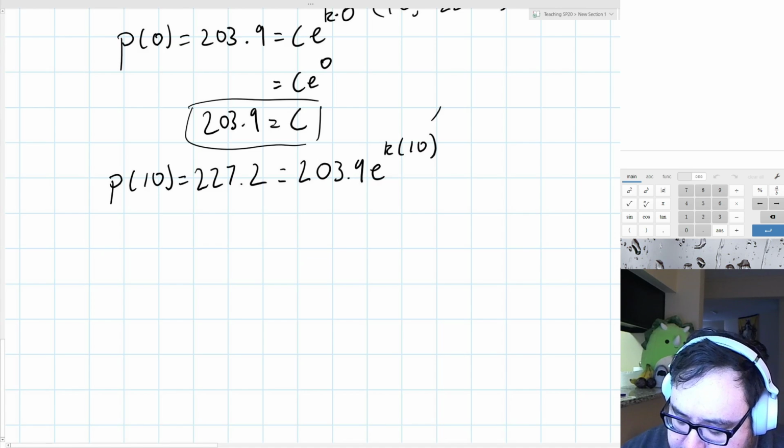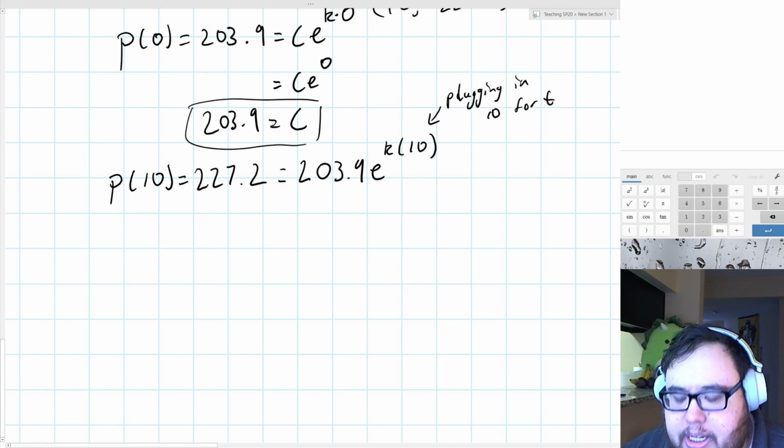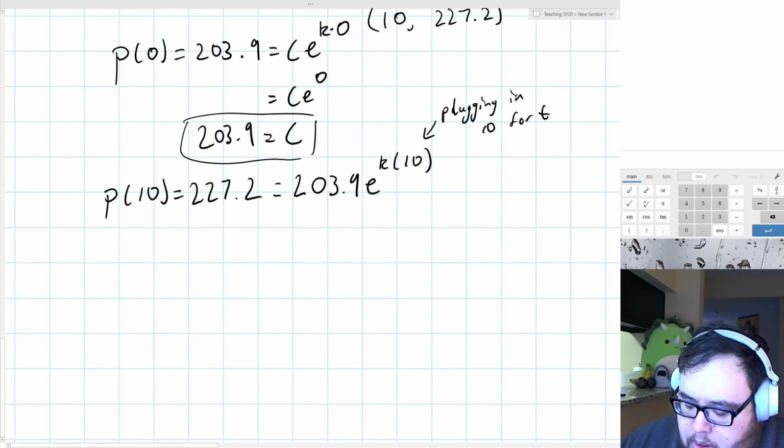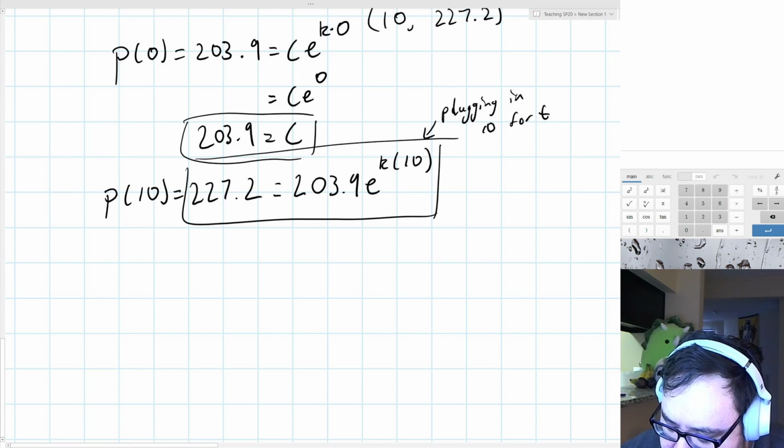Because we're plugging in 10 for t. That's what this P of 10 says, right? So now we have an exponential equation here that we can solve for k. So let's go ahead and do that.